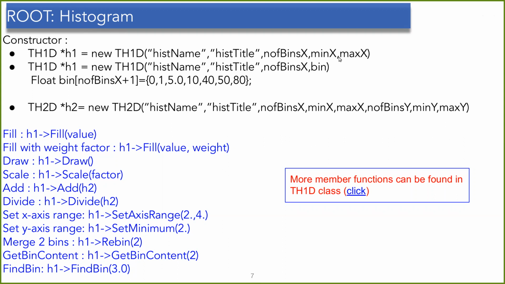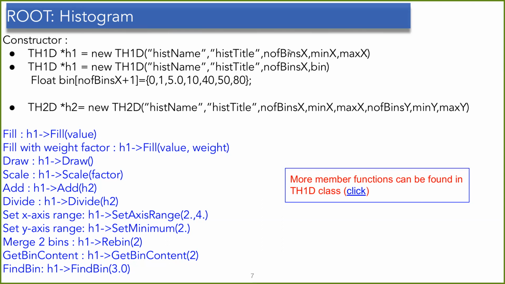Then you have another three arguments. One is the number of bins x, that means how many bins you want on the x-axis, and min x and max x correspond to the range of the histogram. This definition gives you a histogram with the same bin width for every bin. The bin width is basically (max x minus min x) divided by the number of bins x.